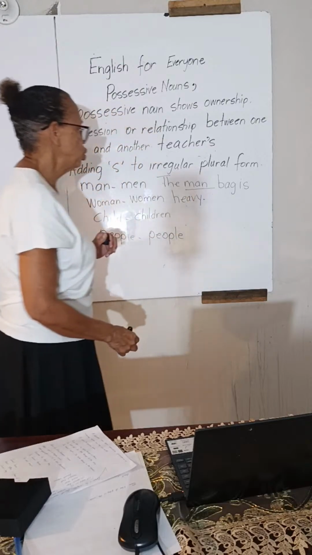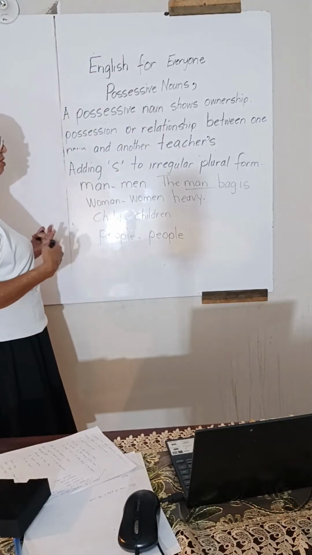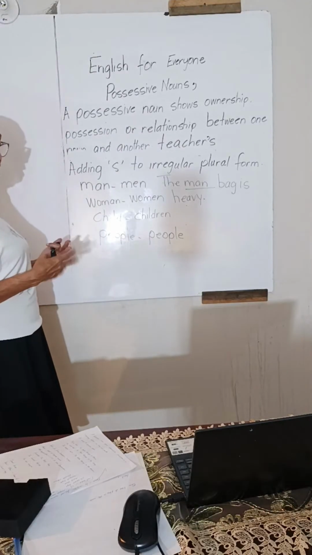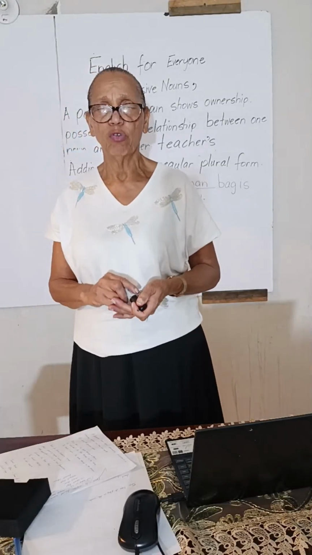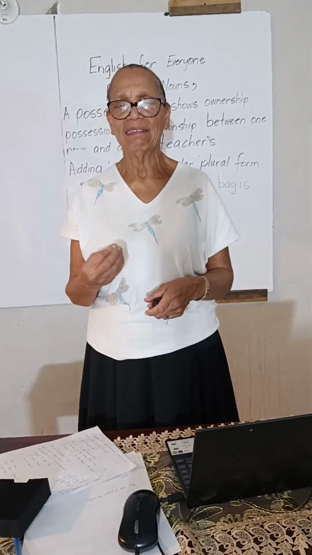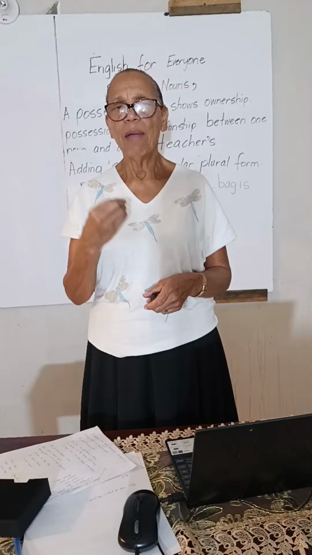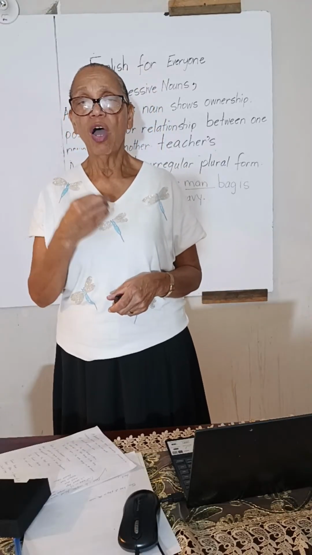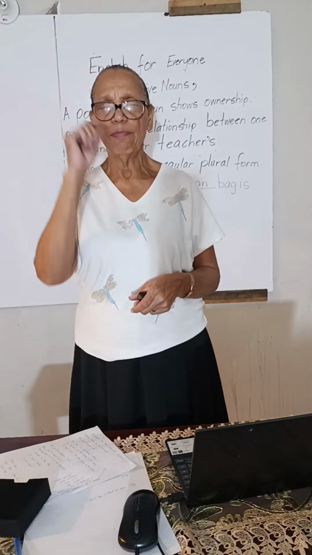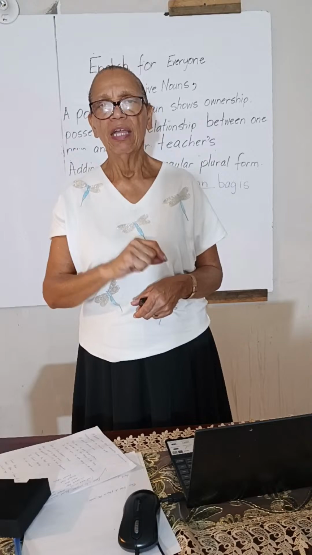Now, I want to show that the man possesses the bag, he owns the bag. The man's bag is heavy. I want to show that it is the man's bag I'm talking about. Where should I put the S? Because normally for man, we do not add S. But this one is a little exception to the rule. Where do you think I should put the apostrophe?